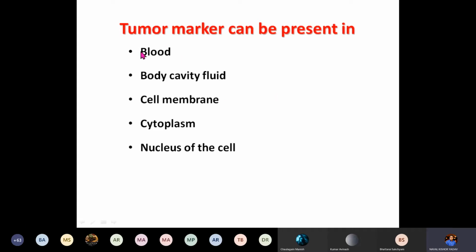In the blood, there are two components, if you remember your hematology class: blood cells and plasma. Blood cells contain RBC, WBC, and platelets, and plasma is the water part, which contains the plasma proteins.